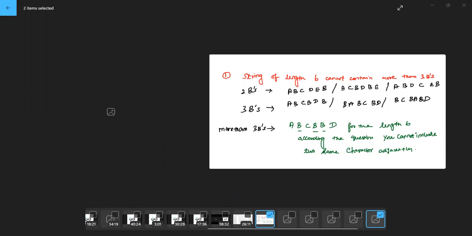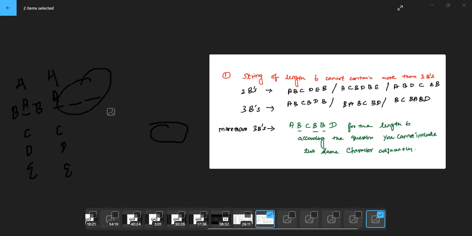For example, I'll write this again. B, B. If I'm using A out of these four choices, I can use the A again here because we're not able to see any repetition. We don't have to bother about the adjacent position here, right? So you do have four choices in the second letter and four choices in the fourth letter as well.